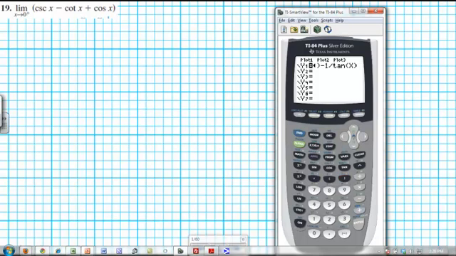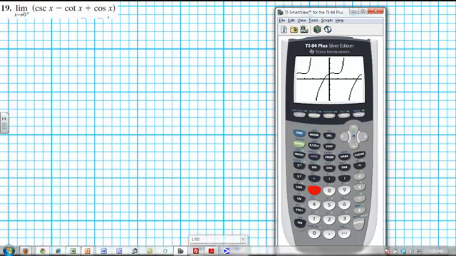And then we're going to add on to that cosine. And I'll do zoom 7, although since we're trying to investigate what's going on near 0, that should be sufficient. Okay, what do we got there?